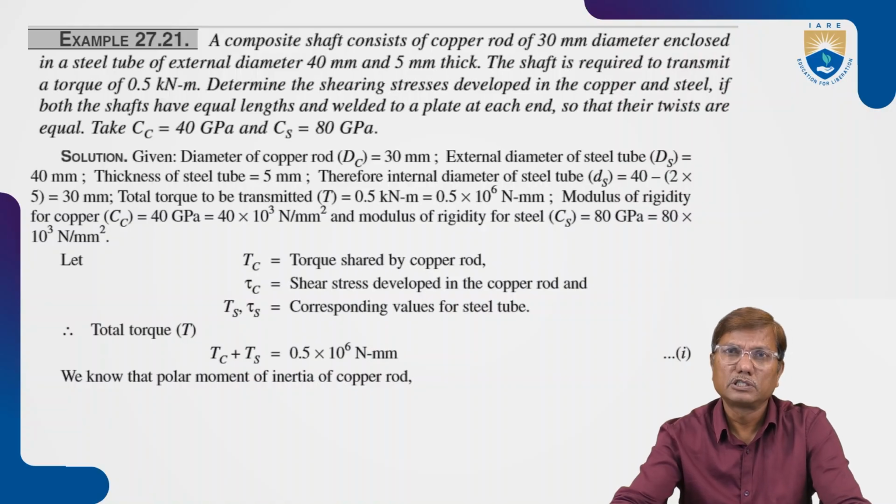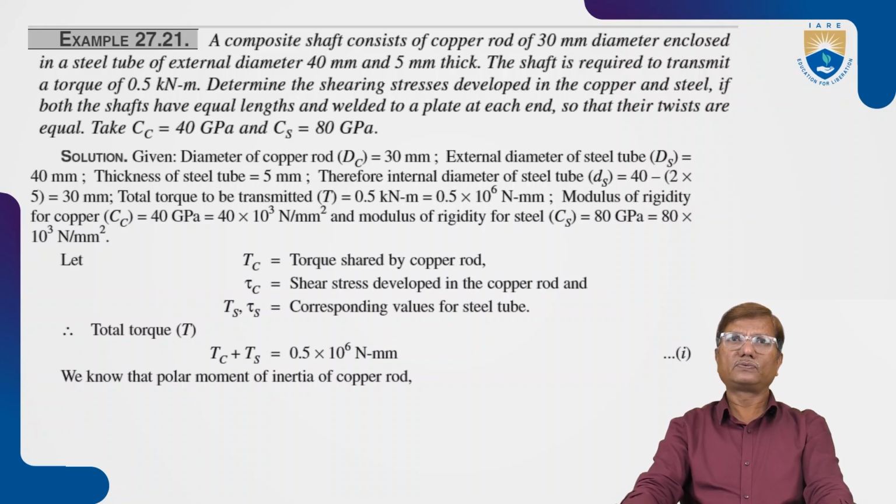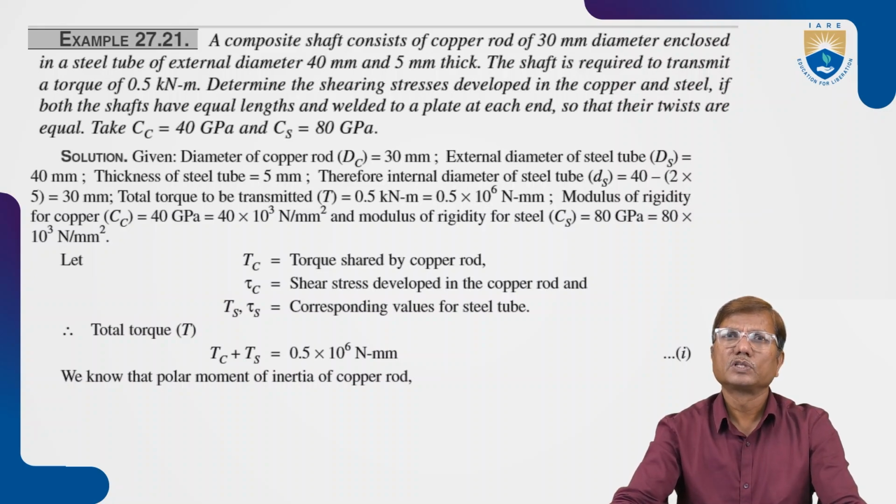A composite shaft consists of a copper rod of 30 mm diameter enclosed in a steel tube of external diameter 40 mm and 5 mm thick. The shaft is required to transmit a torque of 0.5 kN meters.